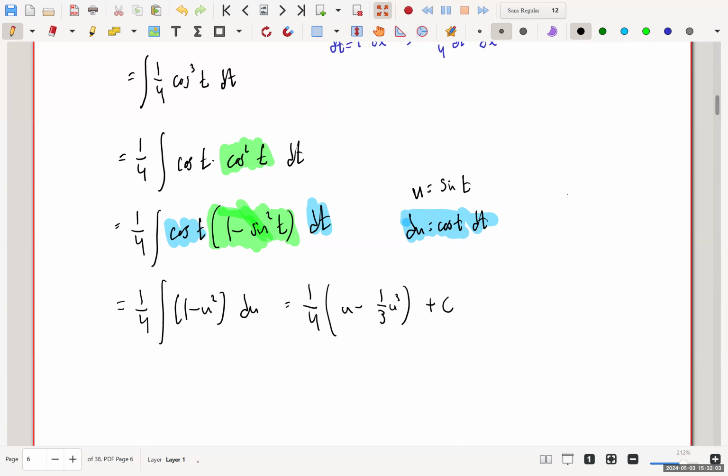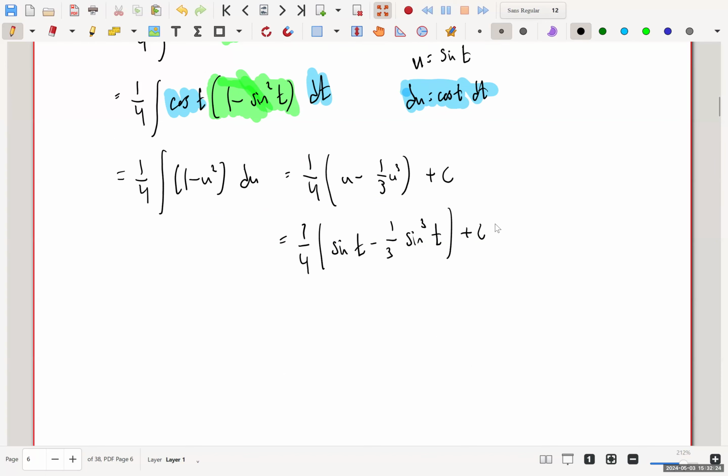And now we just unravel. U is now sine t, and t was 4x. So in fact, what I'm going to do here is just be lazy. There you go.